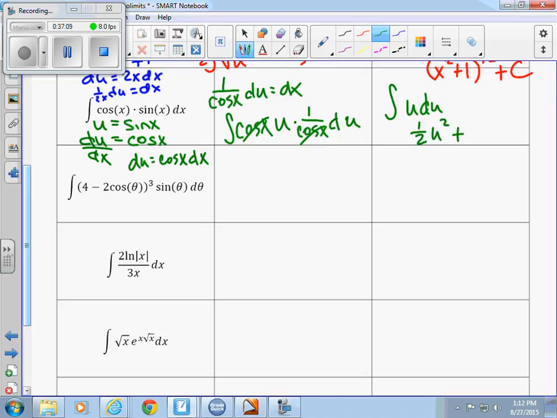So the integral of u du gives 1/2 u squared plus c. Am I going too fast? Am I going too slow? Good. So 1/2 sine of x squared plus c. If you had worked this the other way, you actually would have gotten a little bit different answer, but they would have been equivalent. It would have been a trig identity.